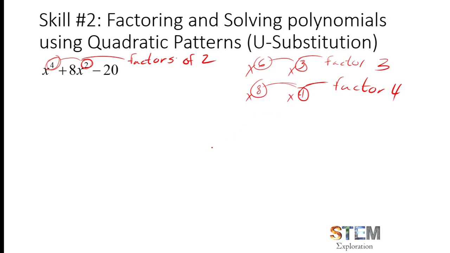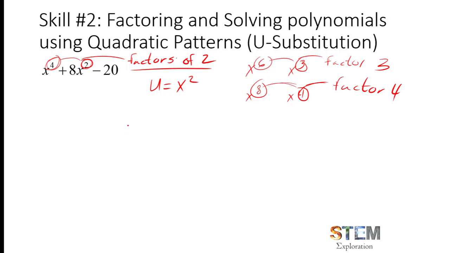And what this allows us to do is take a higher ordered polynomial and use a technique called U-Substitution. And I'll show you how this works. So what we do with U-Substitution is we substitute u as a variable and we substitute it based on the factor that is present. So for an example, we set u equal to x squared. Now why might we do this?